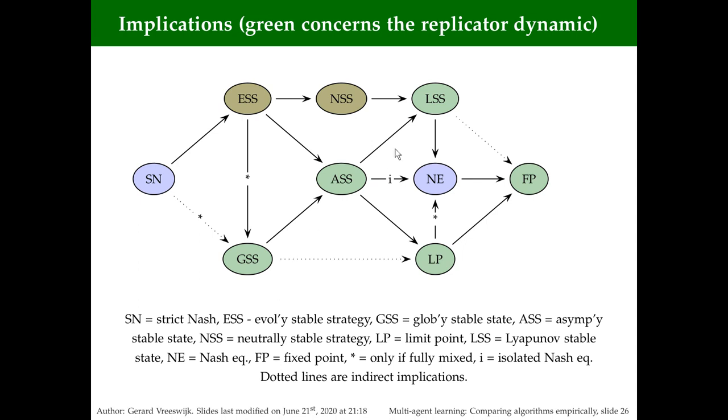And we see that every Nash equilibrium is a fixed point of the replicated dynamic, but conversely this need not be true, and there are counterexamples. And every Lyapunov stable point, or stable point for short, is a Nash equilibrium.